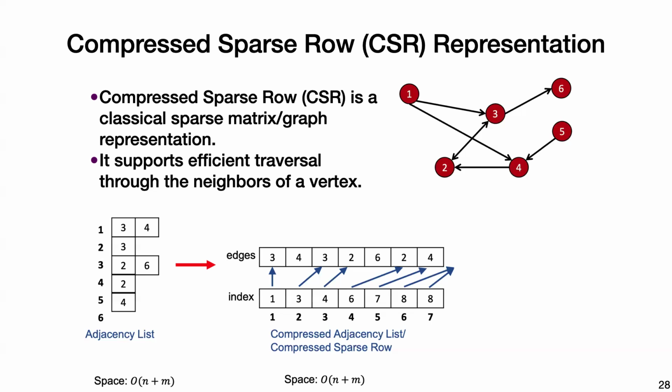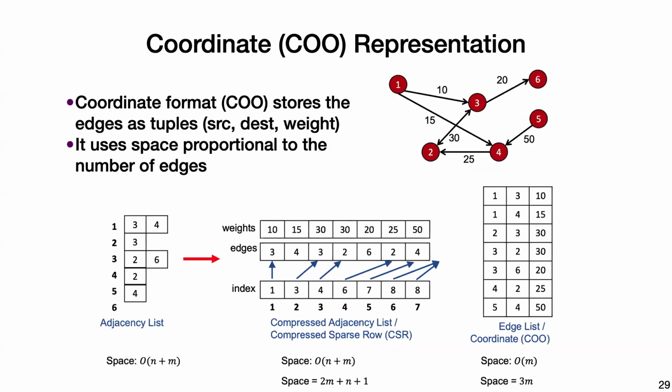Another question? Yeah. So that is CSR. Another form, which is the form you usually get when you read a matrix from file, is called coordinate, or COO, which basically stores all the edges as tuples of source, destination, and weight. It's also called an edge list.